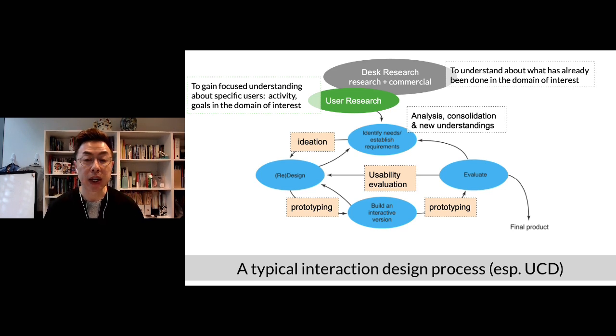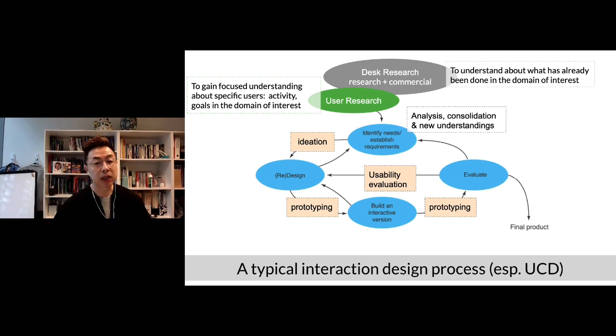So just to reiterate, during the desk research, which is probably the first thing that you should be doing, before you attempt to find a solution for a design brief, is to first understand what has really been done in the domain of interest, or in the design brief you're trying to answer. So it's really important that we don't just rush out and do user research, and worst of all, some people just rush out and create a solution even before talking to users.